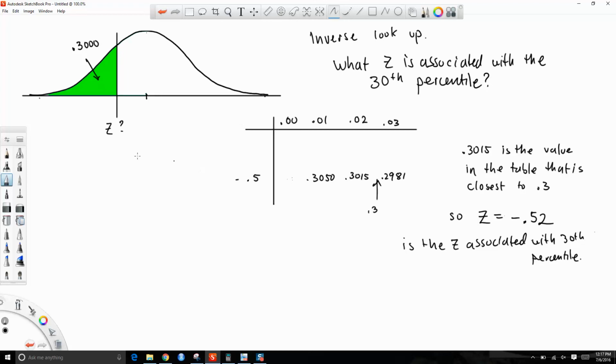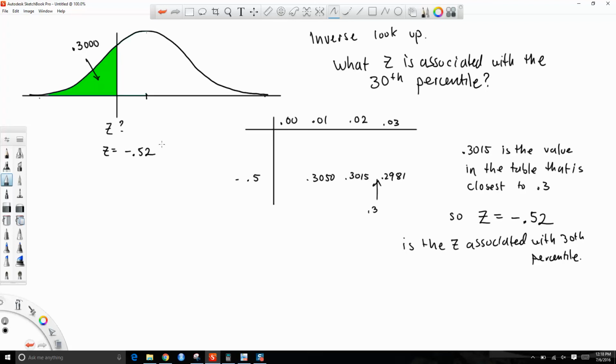This z is equal to negative 0.52. Is that okay? I'm hoping this looks good. Everyone's good? Yeah, question.